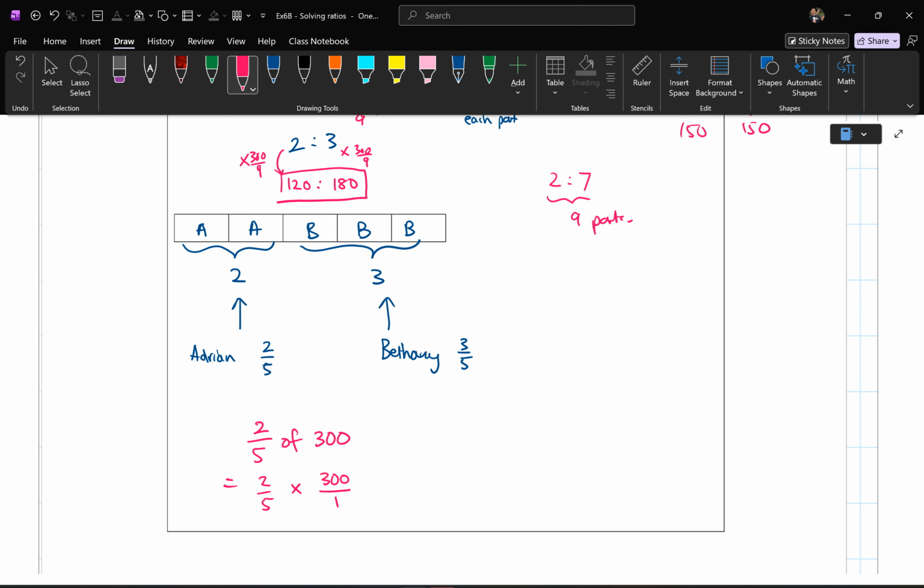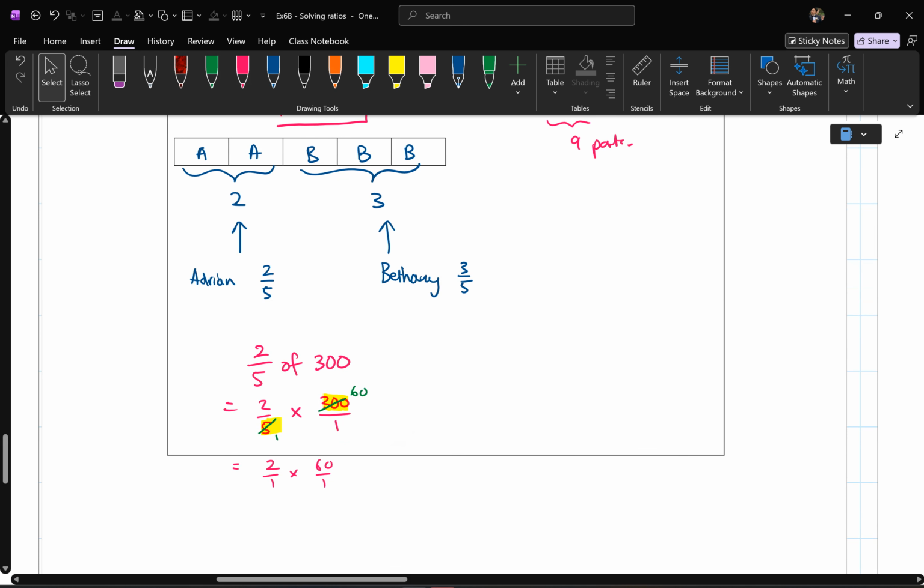And this is your job to simplify. So from here, which two numbers can you see that we can simplify straight away? 300 and 5. And that's where you can simplify it and say, yep, that's 1. And then that's, what's that? 60. So then it becomes 2 over 1 times 60 over 1, and you get the same answer as before. It's 120.